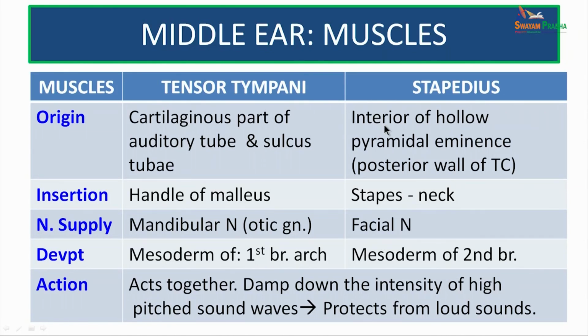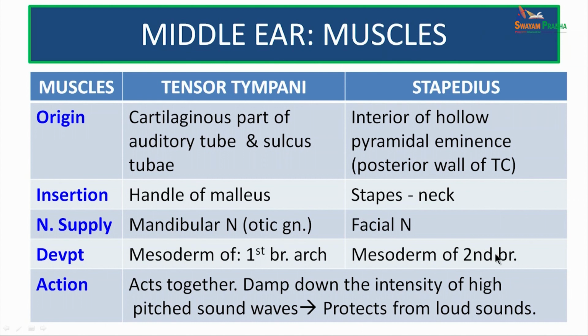Talking of stapedius, it originates from the pyramidal eminence. Within the pyramidal eminence, there is the interior of the hollow. From there it arises, that is aptly called the posterior wall of the tympanic cavity. It is inserted into the neck of the stapes and it is supplied by the facial nerve.